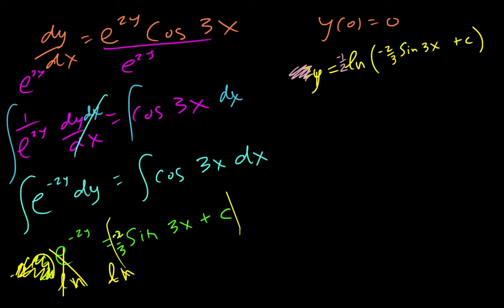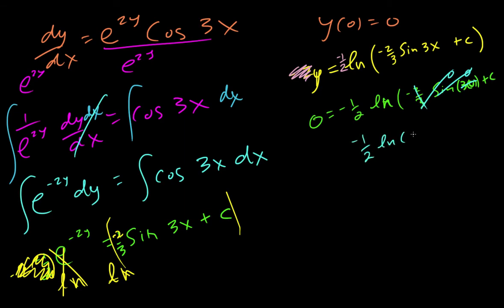Now if we use the initial conditions, we can plug in 0 for y and 0 for x and solve for c. So 0 equals negative 1/2 natural log negative 2/3 sine 3 times 0 plus c. Alright, 3 times 0 is 0, sine of 0 is 0, this times this is 0, and so we get negative 1/2 natural log of c is equal to 0.